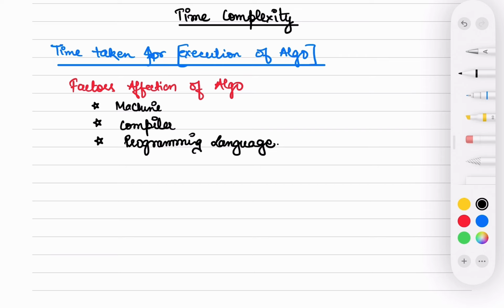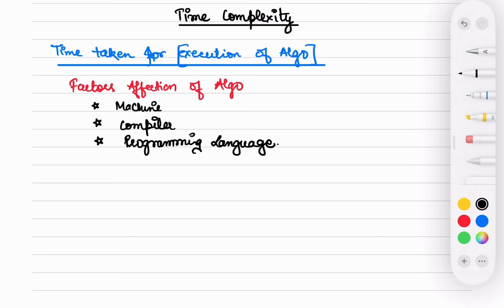So even your choice of language makes an impact on execution time. That's why, to calculate time complexity, we should understand the fundamental measure independent of these factors. Then only can we define time complexity.